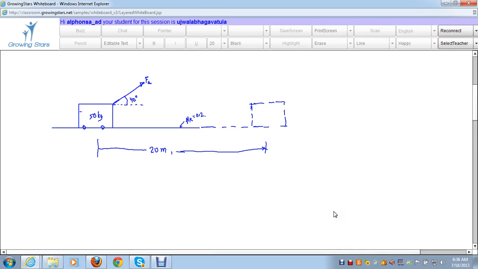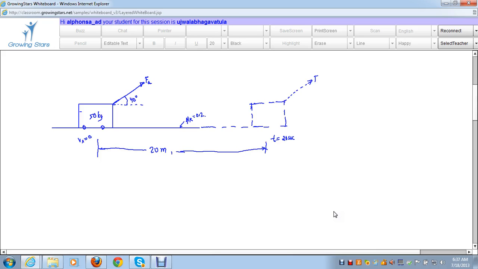And you want to reach there in 20 seconds. You want to reach 20 meters in 20 seconds. And we can assume you are starting from rest, okay? V initial is 0.